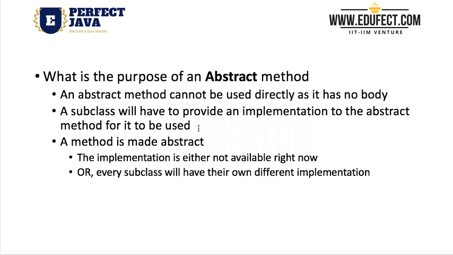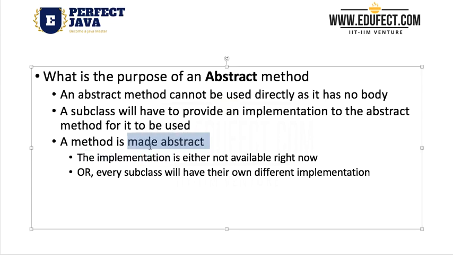So why do we define an abstract method? There are two main reasons why we would define an abstract method. In some cases, we don't know the implementation of the method right now, so we would define it. Or in some cases, every subclass will have their own implementation. If we look at an example, suppose we define a class shape in which we want to define a method called area.